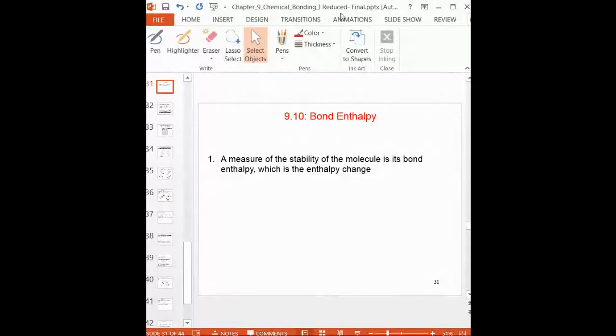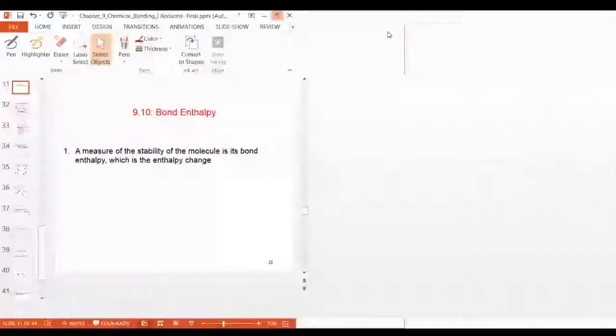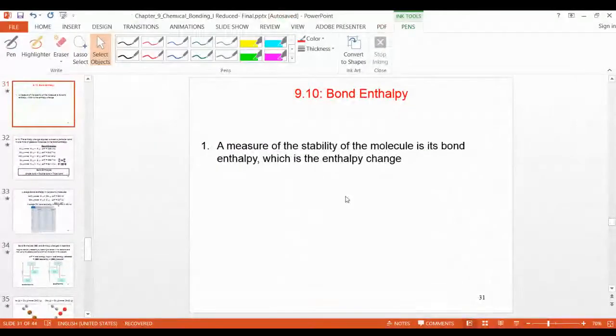Okay, now this is the bond enthalpy calculation. Bond enthalpy, I already explained what enthalpy is. Remember, delta H, the enthalpy of a reaction, right? So what is this actually?